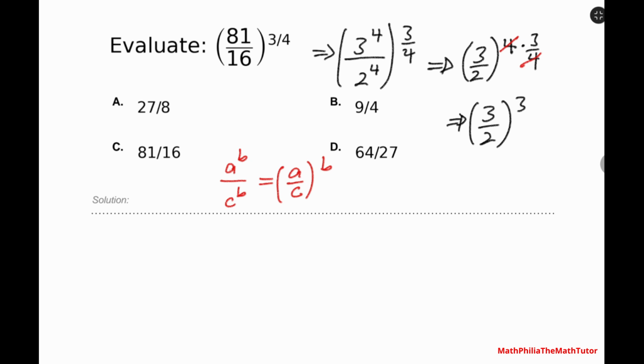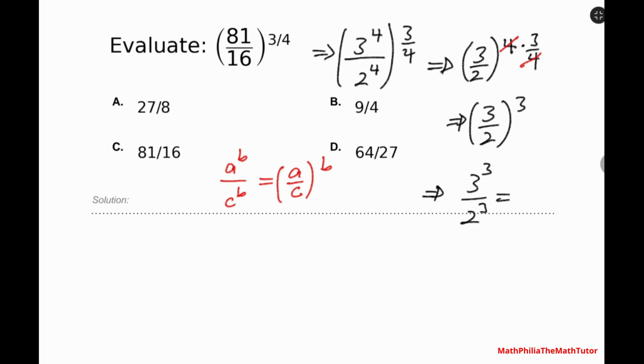Again, as I said, this is the same as this. So you can go forward or backward. In this case, we have to go backward. That means 3 raised to the power of 3 and 2 raised to the power of 3. They share the power. Then we have 3 raised to the power of 3 over 2 raised to the power of 3.